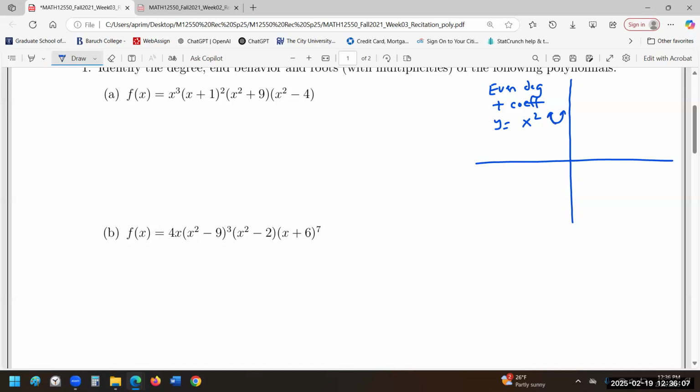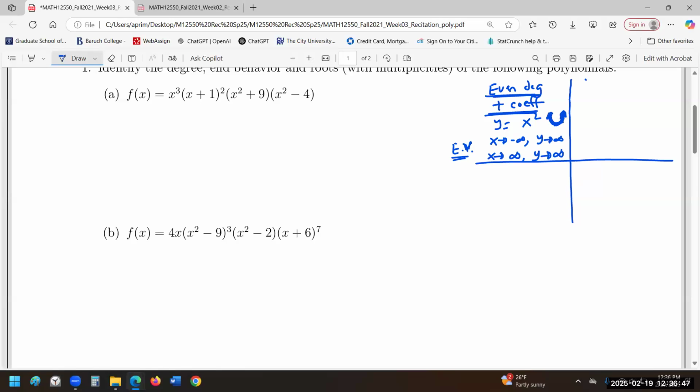So on the left side, our y is going up, so is also on the right side. It means when x is going to negative infinity, means on the left side, our y is going to positive infinity. This is the end behavior. Similarly, when x is going to the right side, our y is going to upward. So when x is going to positive infinity, y is still going upward. So this is the first type, even degree with positive coefficient.